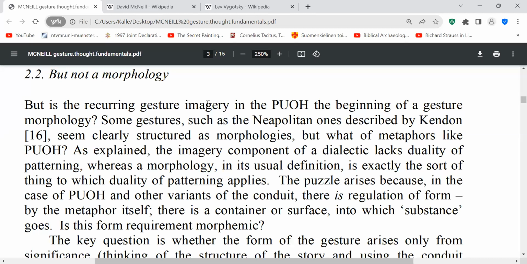As explained, the imagery component of a dialectic lacks duality of patterning, whereas a morphology, in its usual definition, is exactly the sort of thing to which duality of patterning applies.